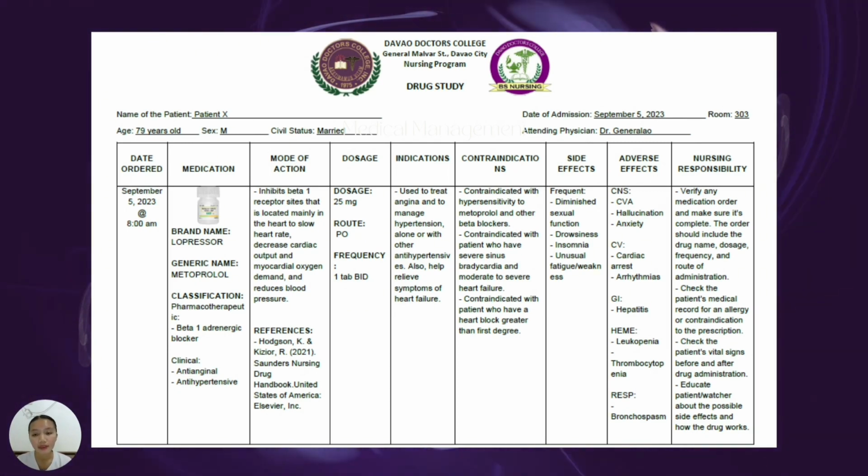And for the side effects, we have the frequent side effects that the patient may experience. First is the diminished sexual function or the lack of sexual desire.